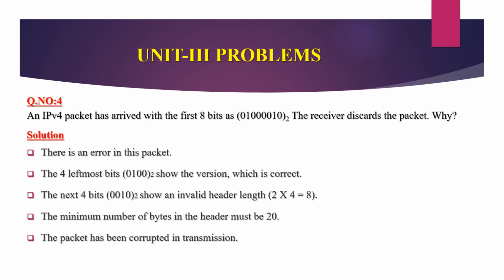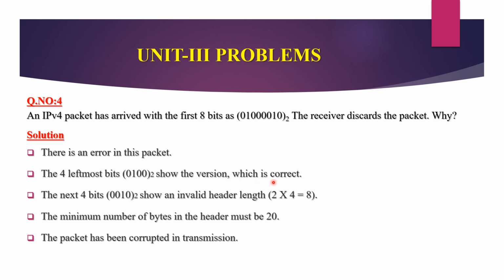An IPv4 packet has arrived with the first 8 bits 01000010. The receiver discards the packet. Why does it discard the packet? This is an error packet. How did we find out? The leftmost 4 bits, 0100, show the version, which is correct.